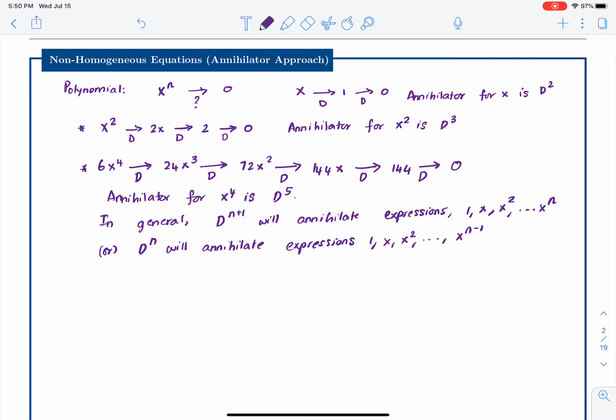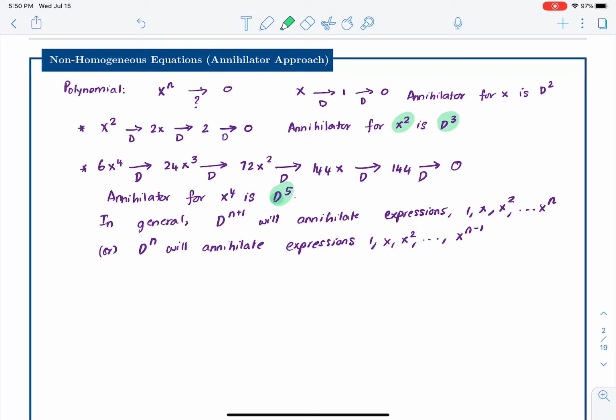So you may ask me, why all of these? Well, I know that d cubed will annihilate x squared, but d raised 5 would also annihilate x squared, because past d cubed you will get 0 and you're simply differentiating 0.